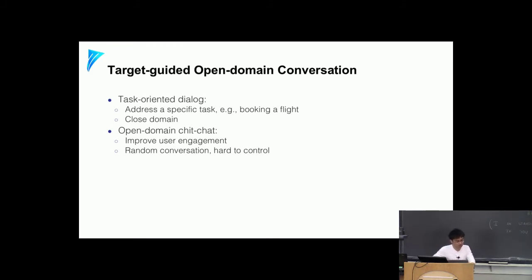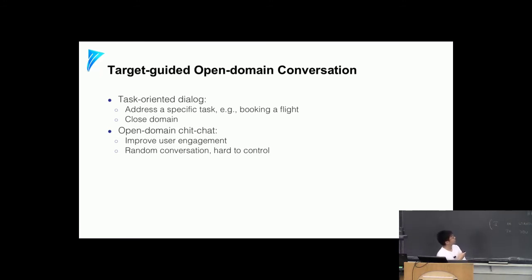As we know, in conversation research, there are two paradigms of dialogue systems. The first is task-oriented dialogue. In this dialogue system, we want to address a specific task, like booking a flight. And usually this dialogue is closed domain. All the conversation with dialogue agents must be about booking a flight.